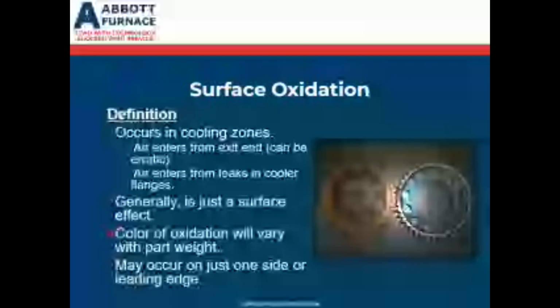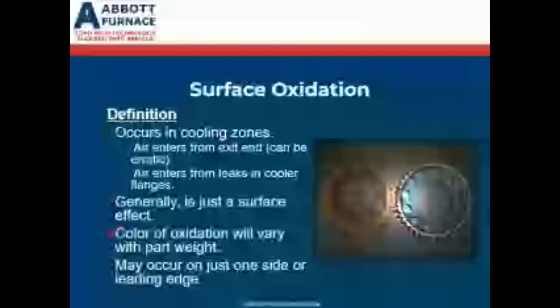The picture of the parts there with the gold and the blue color, those parts should be fine as far as hardness and material. It's just a surface effect or discoloring issue. But again, that's more from a leak that would be at the exit end of the furnace through maybe the curtains being worn or air getting in the back into the furnace somewhere.